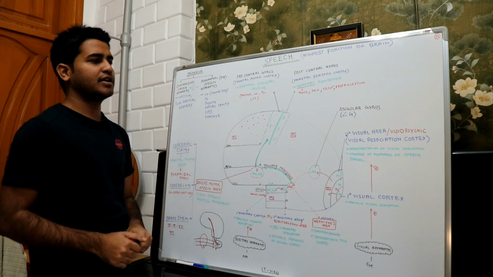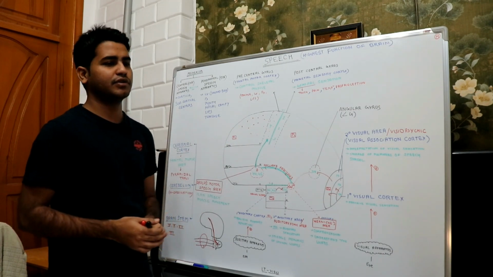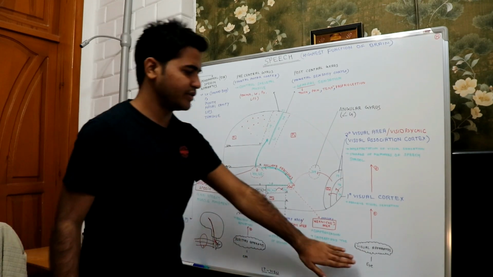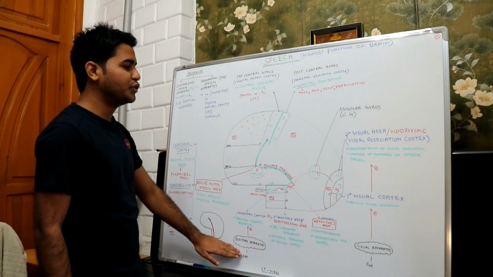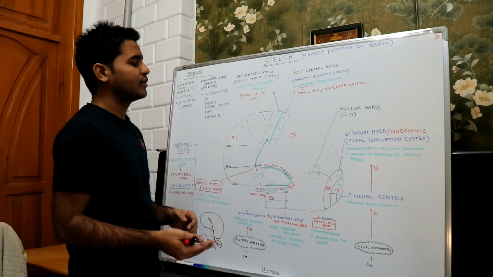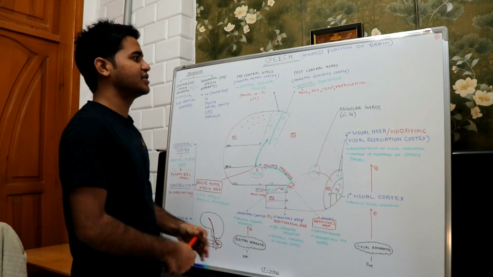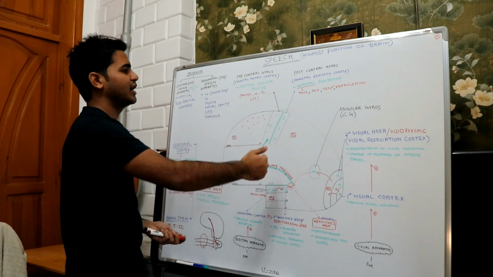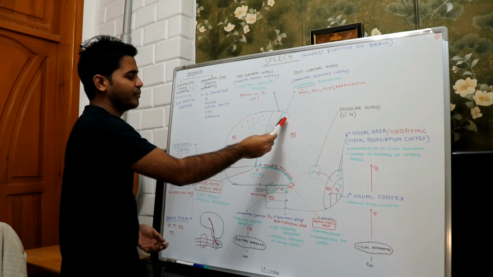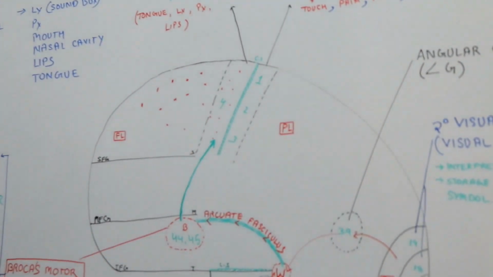Like those persons who are impaired in auditory and visual function, they are blind and they are mute. So they also speak with the help of proprioception, touch, pain and temperature. General sensation is present in the post-central gyrus, and from the post-central gyrus this information will come into the first, second and third number areas, present in the post-central gyrus.